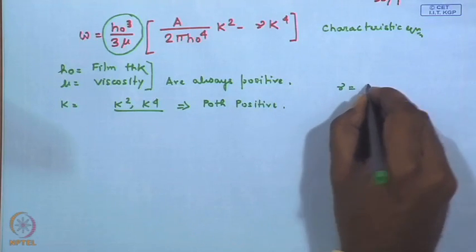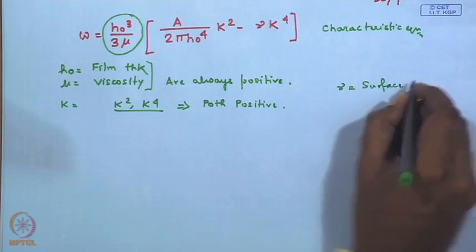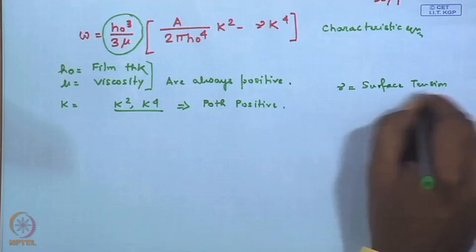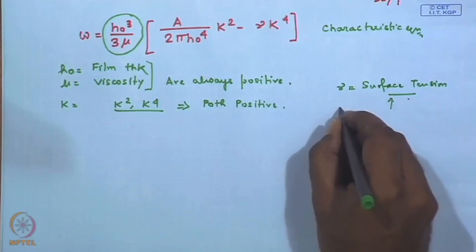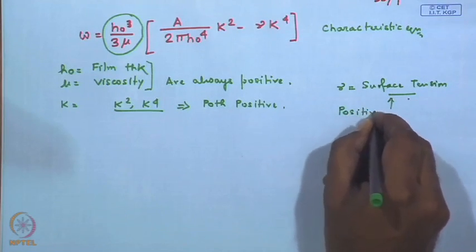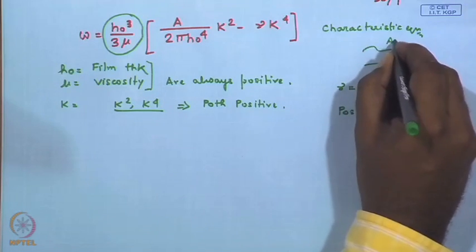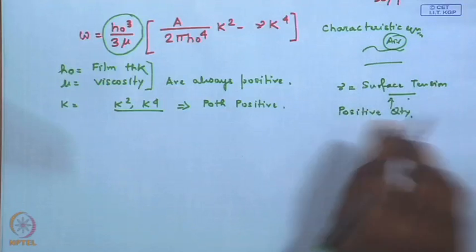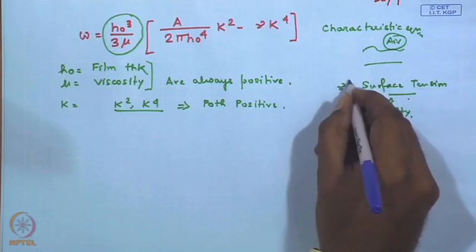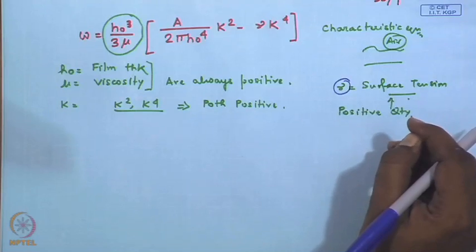Gamma is surface tension, again a positive quantity. We are talking about a film that is exposed to air. We are not talking about any interfacial tension, and we have always argued that the surface tension is always positive.